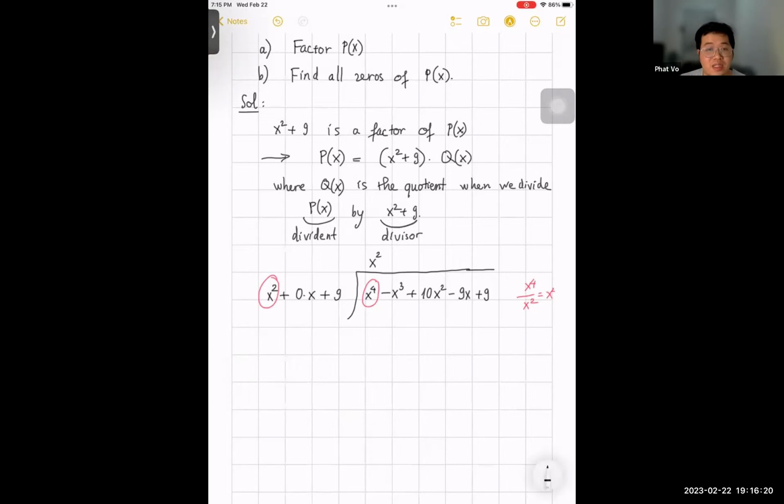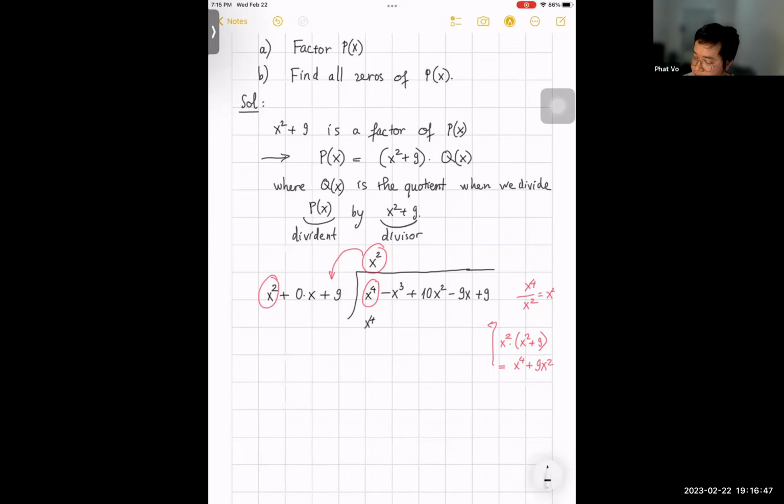After that, you multiply x squared by the divisor, x squared times this, and you get x to the fourth plus 9x squared. You write this on this line.